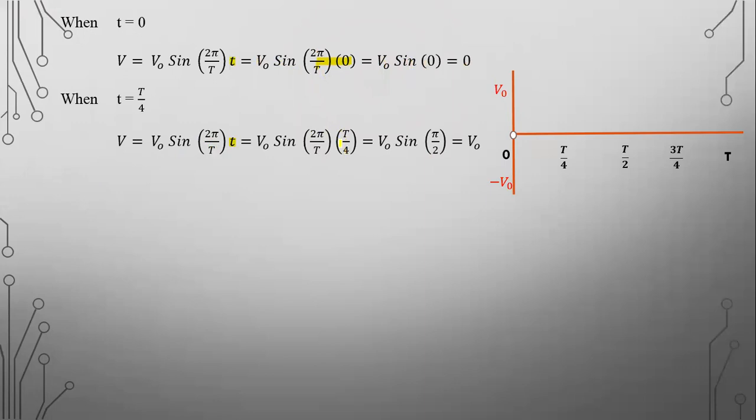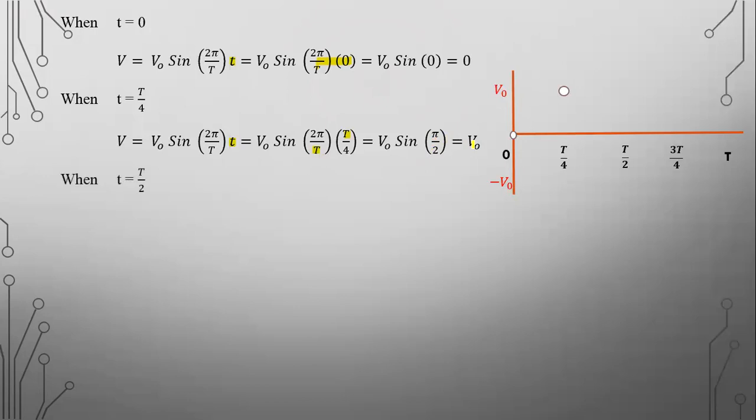Here T and T cancel, and further 2 and 4 also cancel, so V naught sine pi by 2. Pi by 2 means 90 degrees, and sine 90 is equal to 1. So V becomes equal to V naught. So at this instant of time there is the maximum value of voltage, and this point is represented as the peak value of voltage V naught.